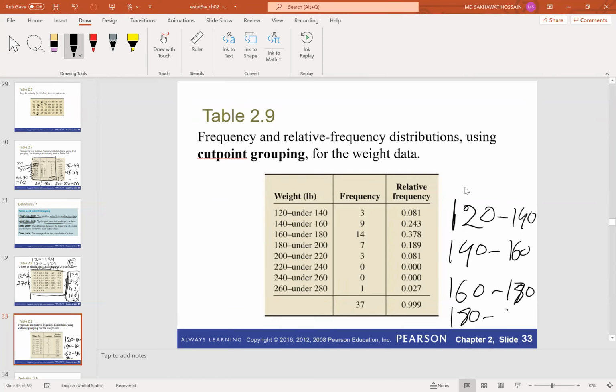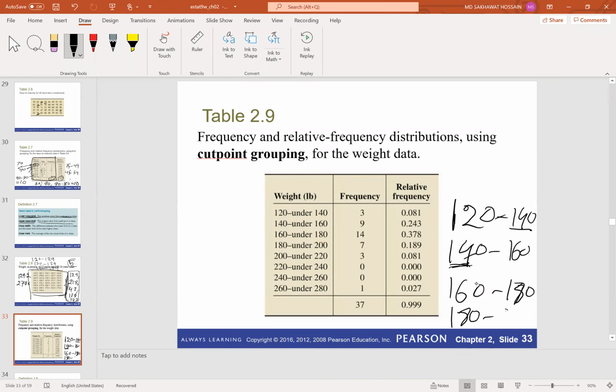200, and so on. Okay, so there is a problem because we have 140 here and we also have 140 here. If we have the number 140 in our data, in which group should we include it? You can include it in either this group or this group, but you have to be consistent with each number.